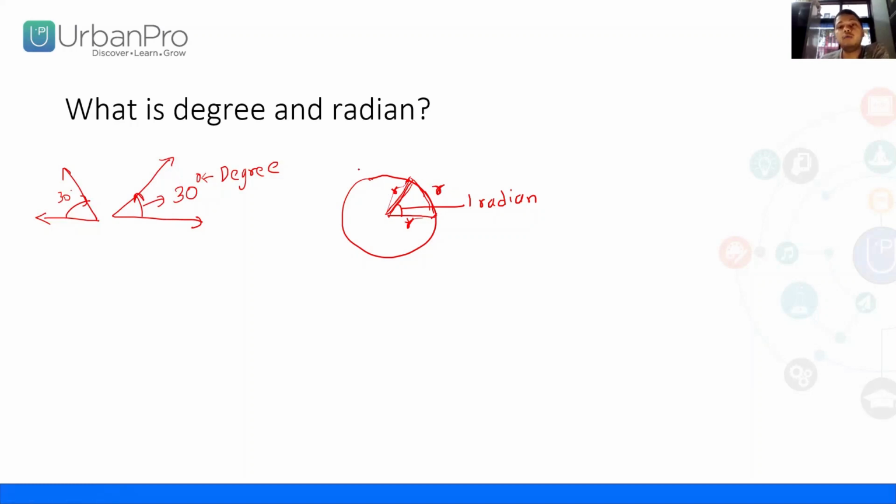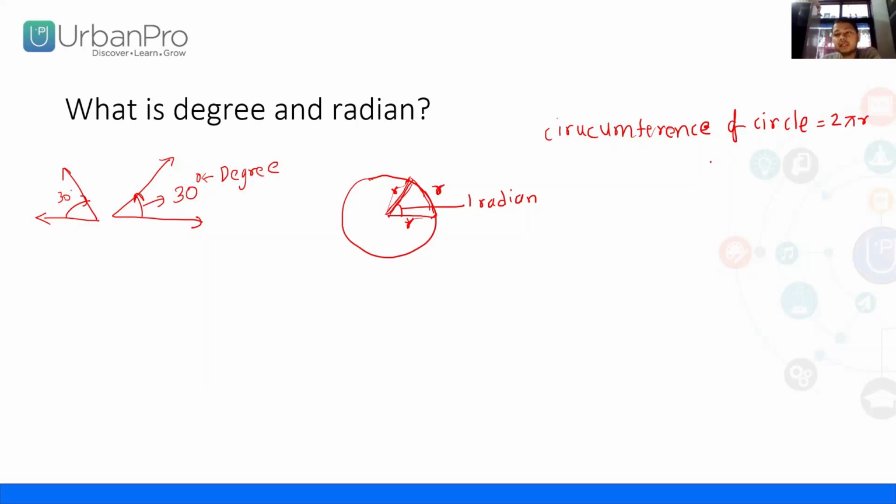Now how many such r we will need to complete one rotation? We will find that out. The circumference of a circle is 2 pi r, right? As you can see, here it is written 2 pi r.